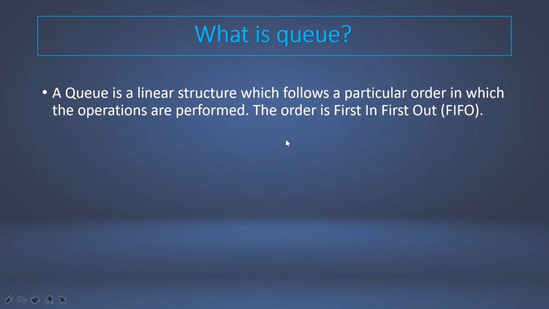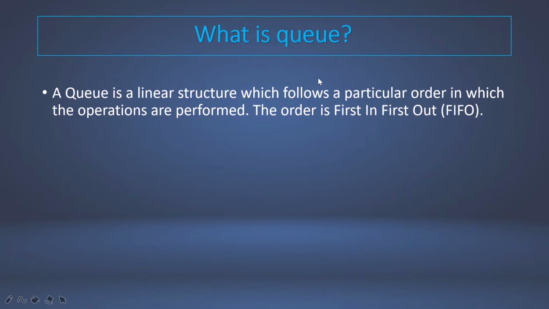So you can think of a queue, for example, like a line standing in front of a ticket counter. Whenever you want to buy a ticket, you have to stand in the line. If you want to enter the line, you have to enter at the end of the line, right?